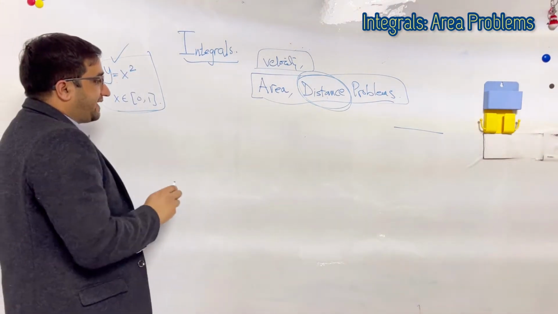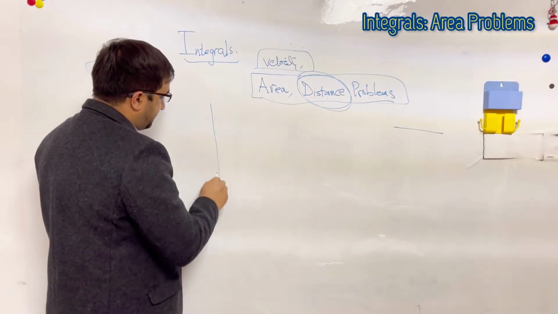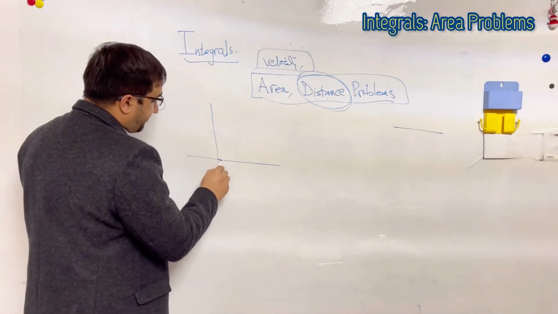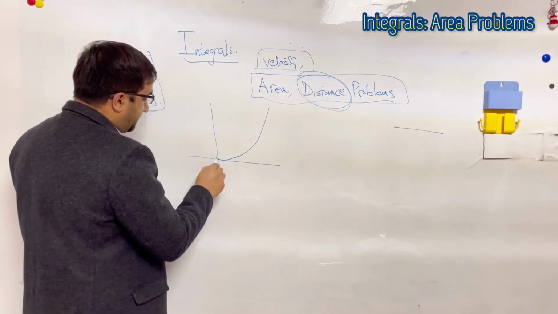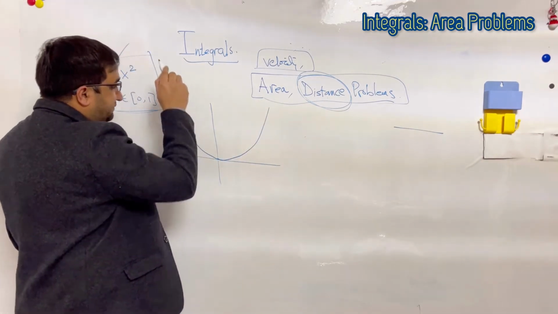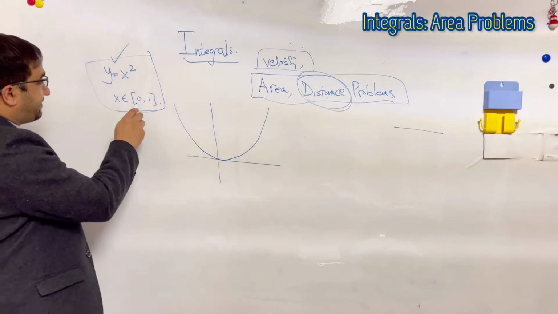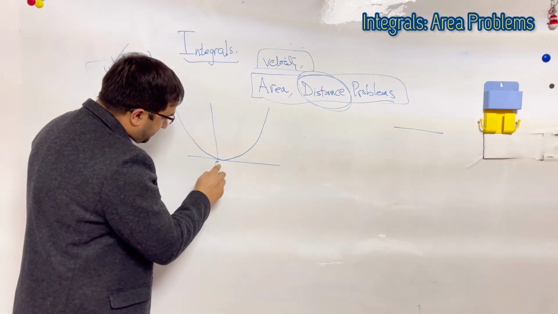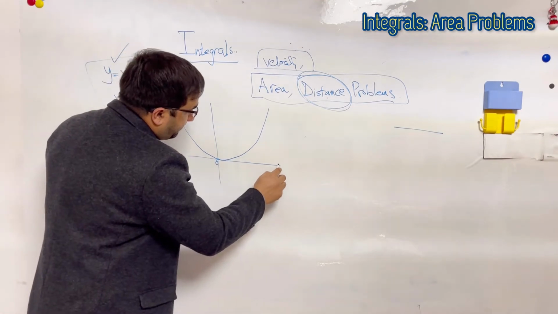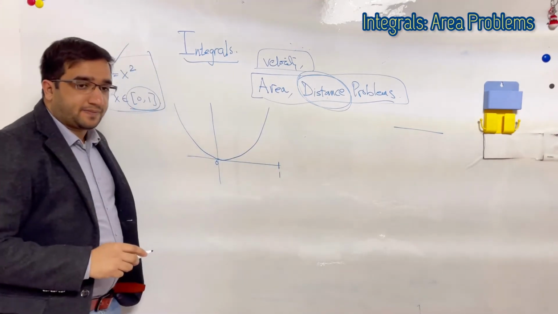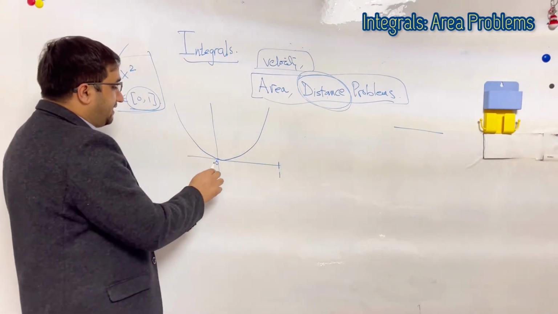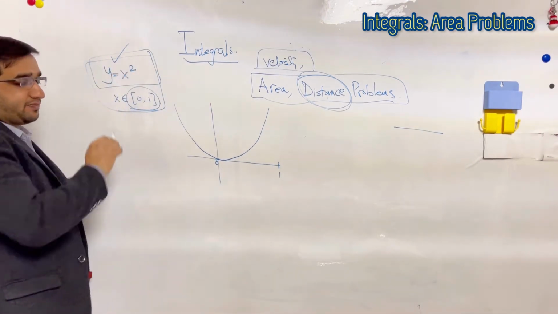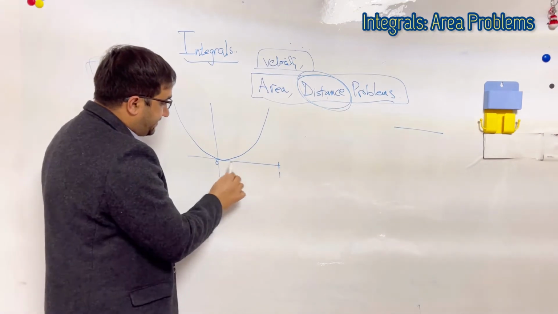The curve of a parabola looks like this. If this is your coordinate system, then the curve of the parabola goes like this, both ways. But I am interested in this interval 0, 1, meaning I am interested to look from here up to here, if this is 1. So we will try to find the area covered by this curve in this region.